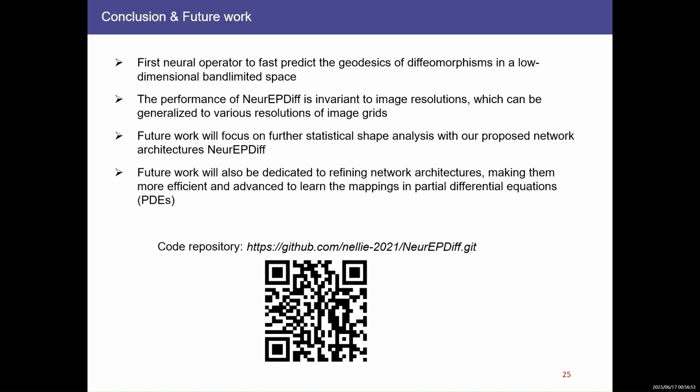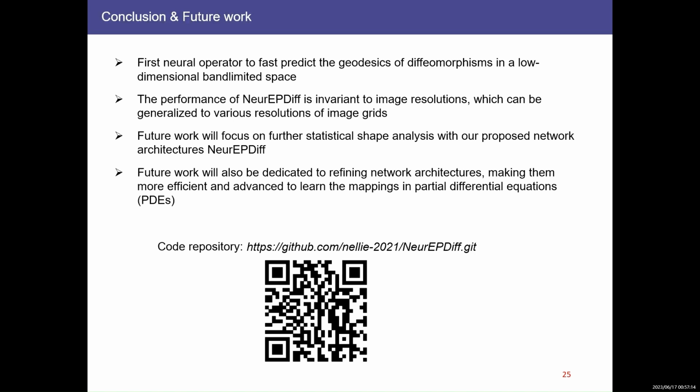Our future work will focus on further statistical shape analysis with our proposed network architecture NeurEPDiff. Our future work will also be dedicated to refining network architectures, making them more efficient and advanced to learn the mappings in partial differential equations.